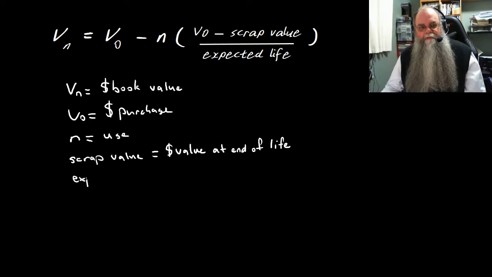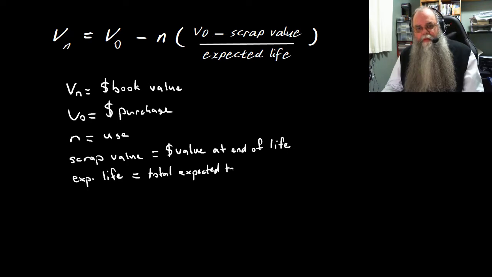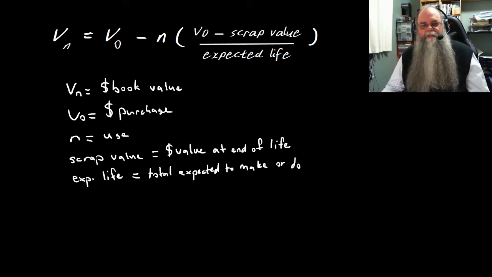And expected life is the amount of times it can be used or expected to be used, or how many things it's expected to be able to make. So the total it's expected to make or do. And given those values, we can work out the book value.